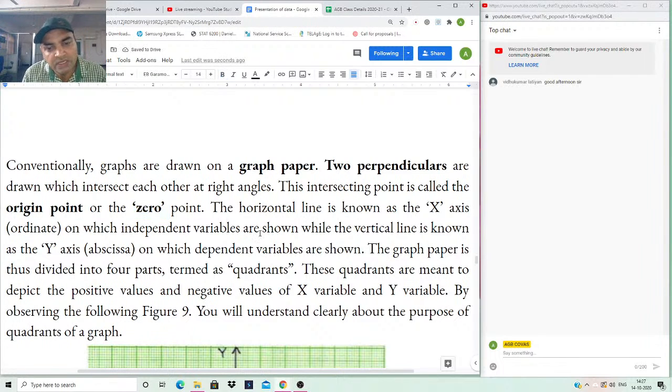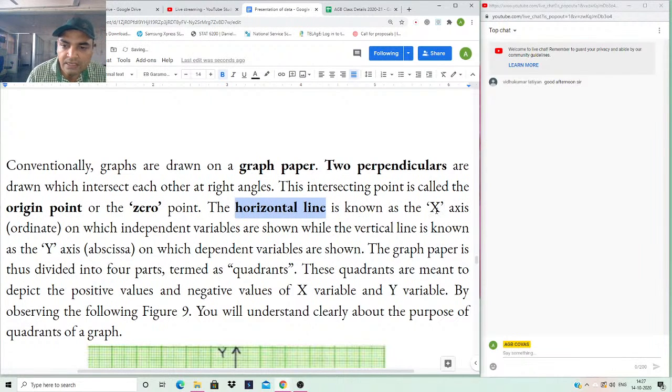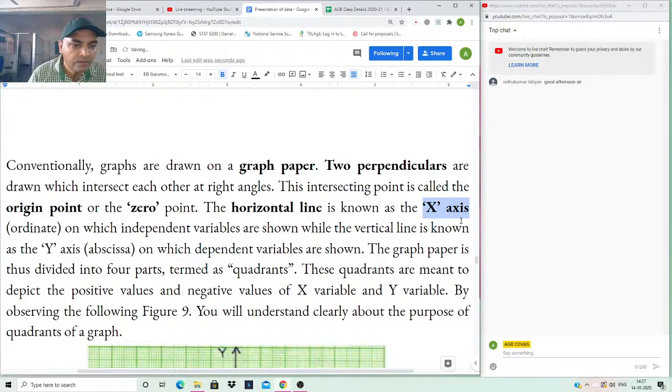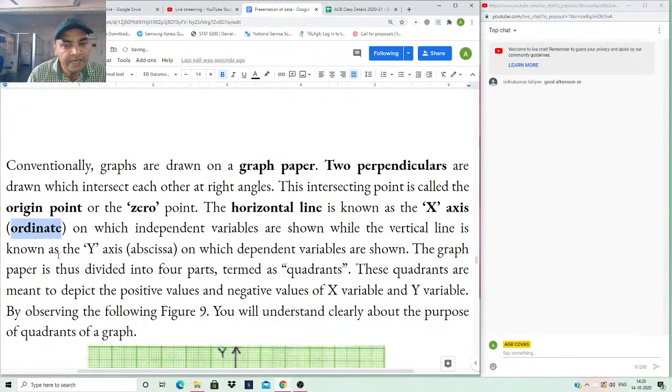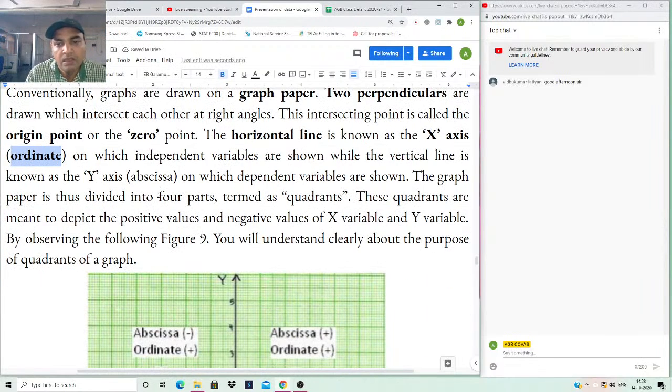The horizontal line of the two intersecting perpendicular lines is known as the x-axis, or the ordinate.